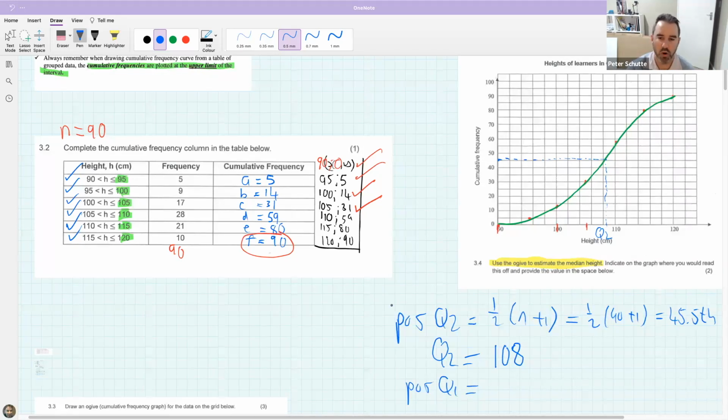So what is the position of Q1, or the first quartile? Let's start with that. What formula do I need to use to find the position? Okay, Rafense, you're correct. You use this formula, and n is still going to be 90. And so now the question is, what is the position of Q1 going to be?